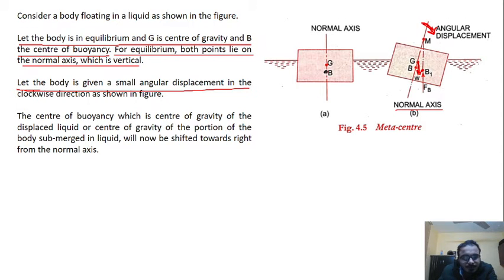Now the center of buoyancy, as per definition, is the center of gravity of the displaced liquid, or the center of gravity of the portion of the body submerged in the liquid.